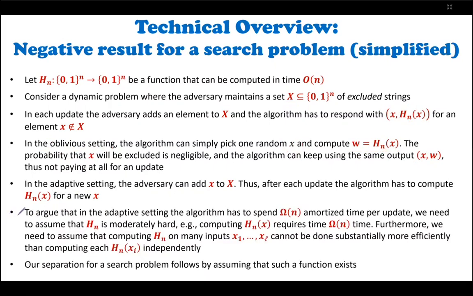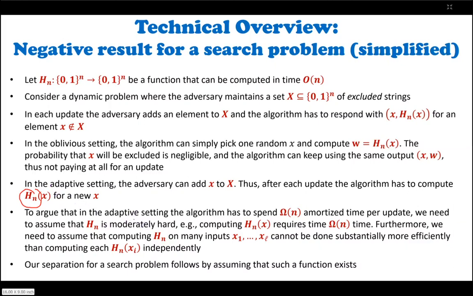To formalize this idea and to show that it works, we need to assume some properties of the hash function h. We can show that these properties hold in what's called the random oracle model.